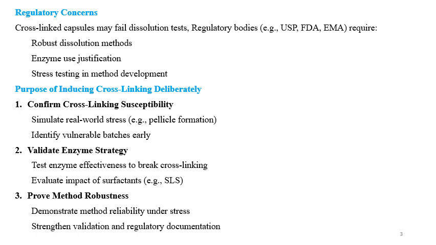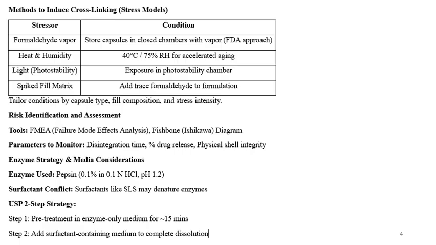Then prove the method robustness: demonstrate method reliability under stress, and strengthen validation and the regulatory documentation. As our aim is to make a robust dissolution process, the method should be validated, verified, and suitable. So by testing the cross-linked capsules, we can demonstrate the dissolution method reliability.